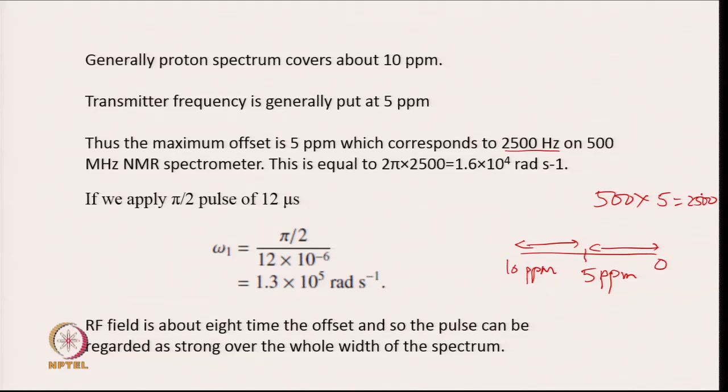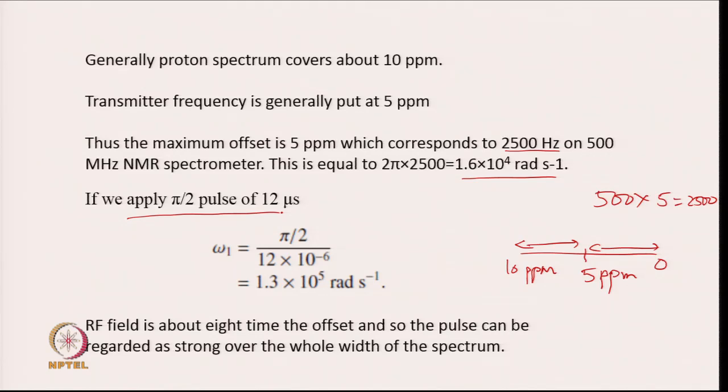This is equal to 1.6 × 10^4 radian per second. So, 2π × 2500 is equal to 1.6 × 10^4 radian per second, and for that we generally apply a 90-degree pulse of around 12 microseconds.